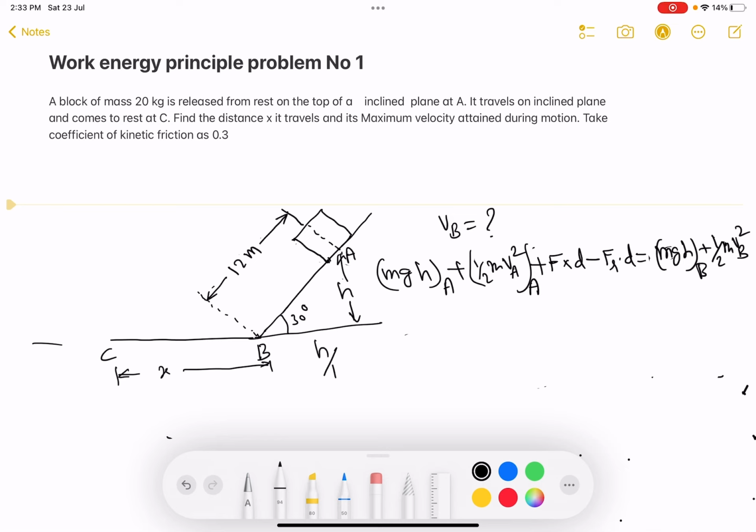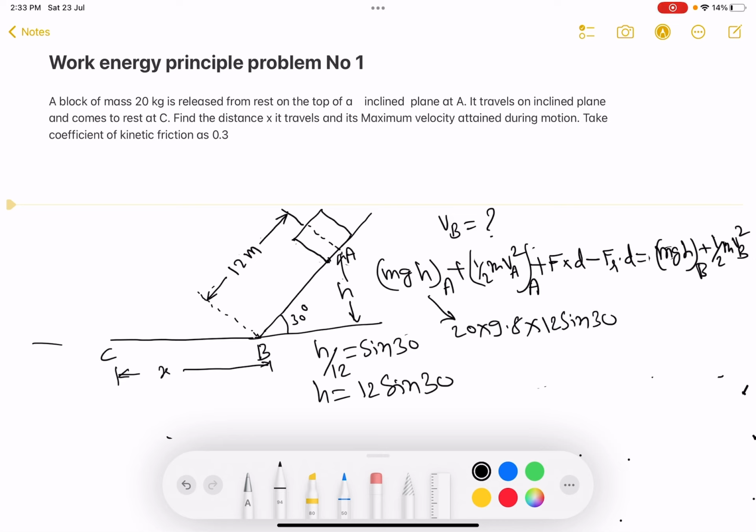So h by 12 is equal to sine 30, so h is equal to 12 sine 30. m is 20, and let's take g equal to 9.8. So mgh is 20 times 9.8 times 12 sine 30.